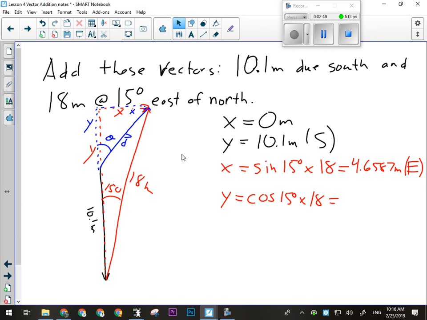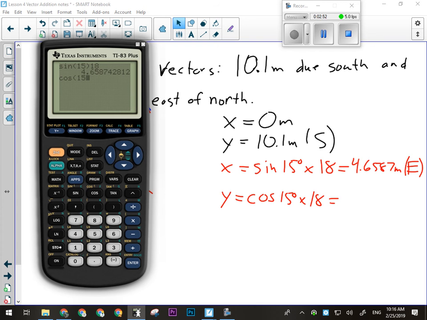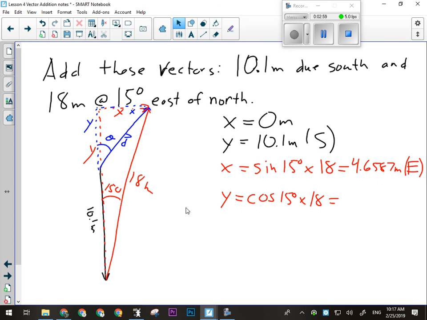And then my y component, cos of 15 times 18, 17.3867 meters, and that one is north because I just found this arrow here. That ringing a bell for everybody? I see some nods and I see some people with panicked stares. It's okay. I had fully intended to spend a couple of days on this knowing we'd forget some of it.